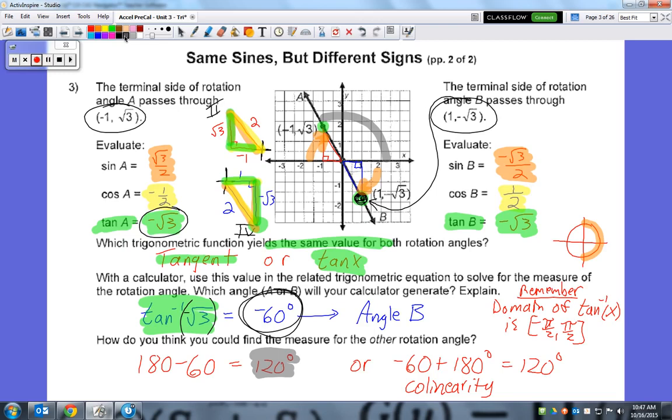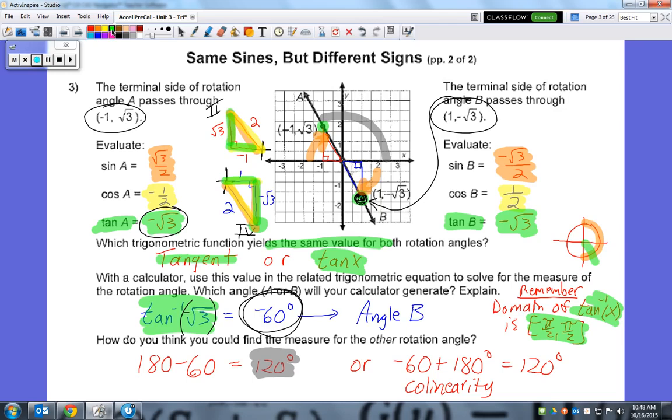Okay, so 120 or negative 60. Why does the calculator spit out negative 60 and not 120? Because the domain of the arctangent is between negative pi over 2 and pi over 2, so it would spit that one out. Because 120 doesn't fit in that domain restricted value of negative pi over 2 to pi over 2.